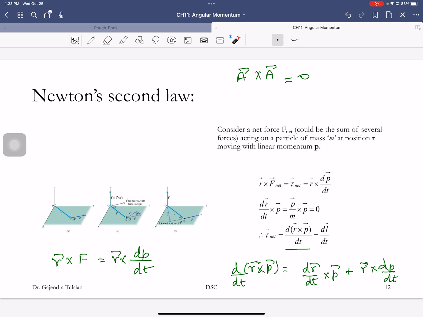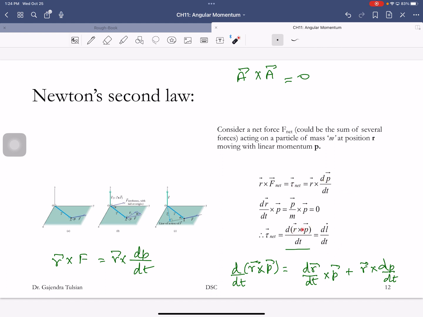What was this? This was p over m cross p. This was 0. So you're free to add this to that. So this term can be replaced by that term, because this was 0. And that's what we've done. So the net torque is equal to that.